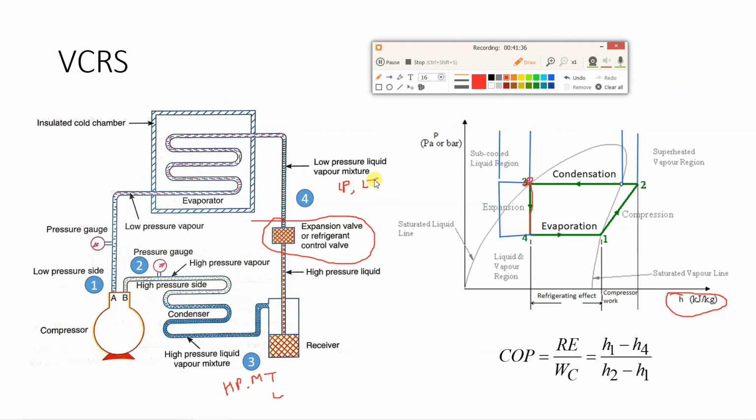What is the state? Point 4, you can see it is in liquid plus vapor region. It is in wet region, so it will be liquid plus vapor. But what will be the maximum part? It will be liquid. Why? Because more vapor is towards point number 1. So at point number 4, most of the refrigerant will be in liquid state.